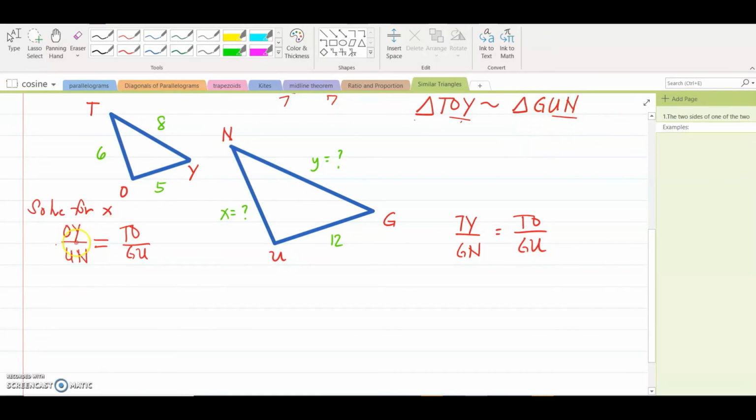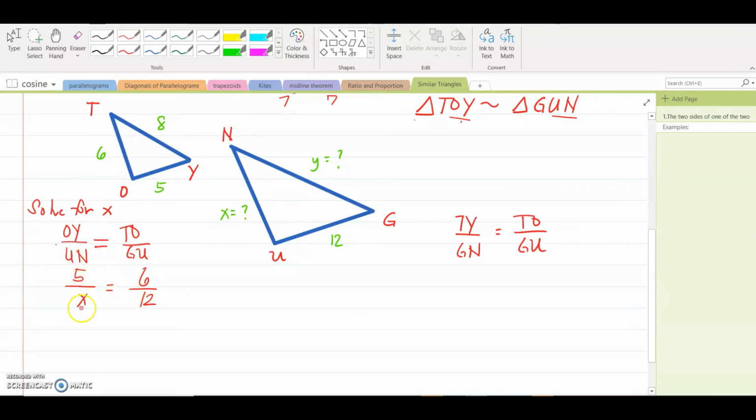So you have OY over UN, which will be equal to TO over GU, the corresponding side. This is our proportion. Let us now substitute all the values. Side OY is 5 over UN, which is x, the unknown variable, equals side TO, which is 6, over GU, which is 12.